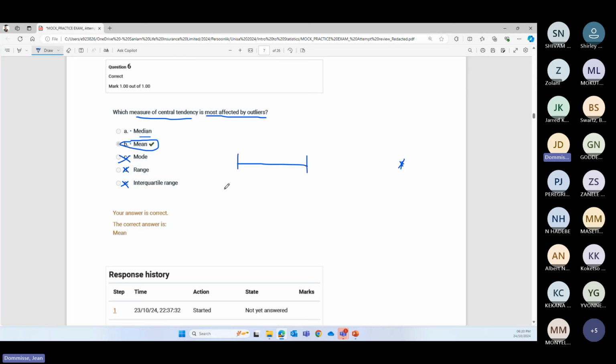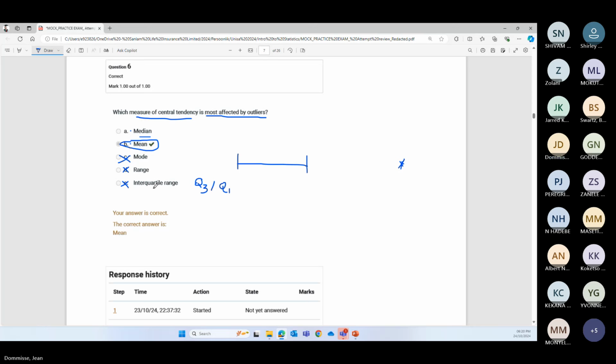Interquartile range, again, depends on how many outliers you have, because your interquartile range is Q3 and Q1. So if your median is not affected, the chances of Q3 and Q1 being affected are also very small.